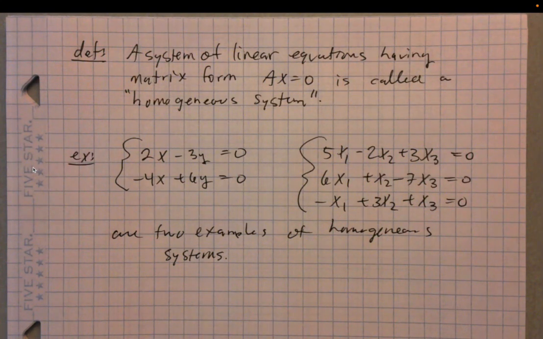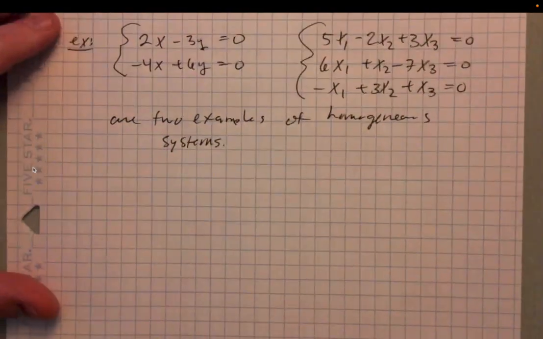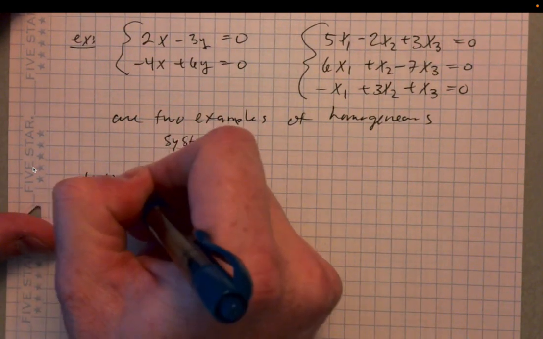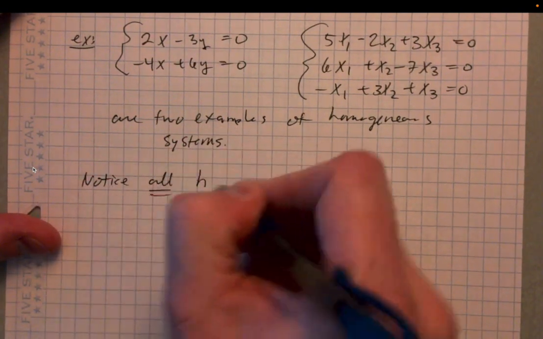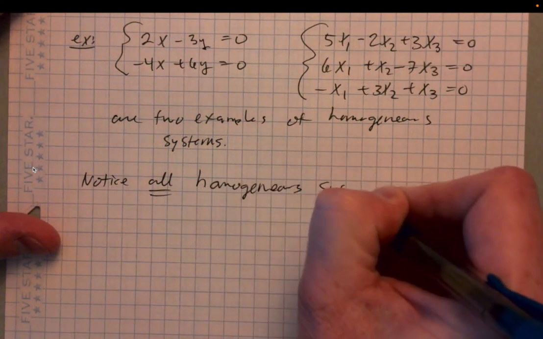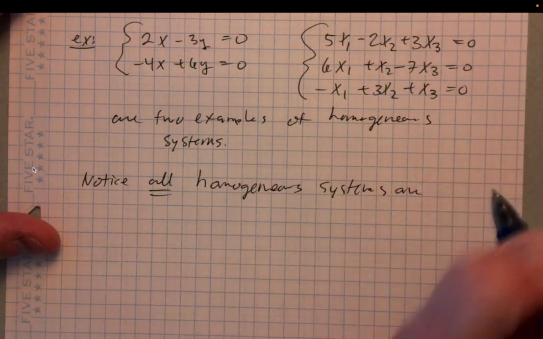Now, something to notice here is that when you have a homogeneous system, it's guaranteed to be consistent, right? So notice, and you can kind of think about it just by looking at these 2 examples, all homogeneous systems are consistent.